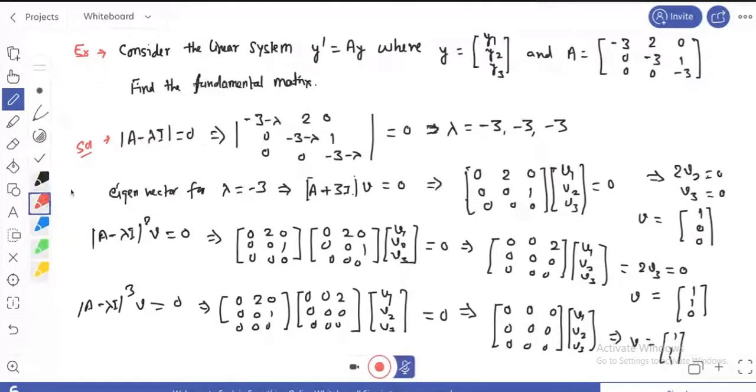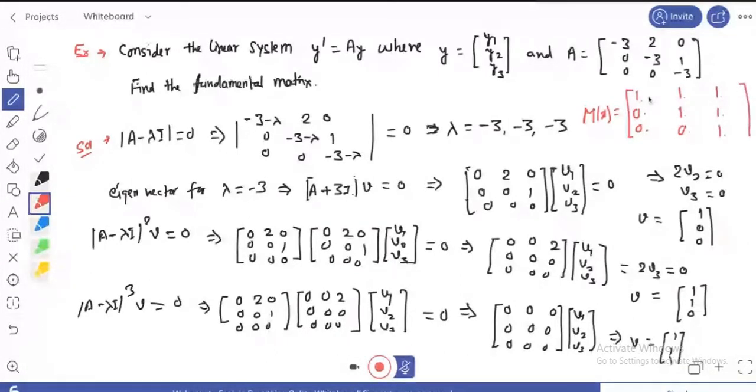Then your fundamental matrix, denoted M(x), equals the matrix whose columns are the vectors: first 1, 0, 0, second 1, 1, 0, and third 1, 1, 1, each multiplied by its exponential.